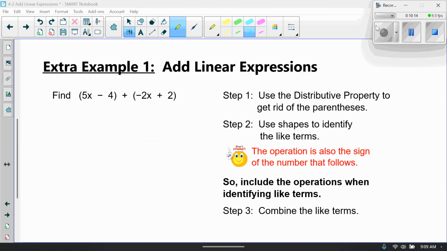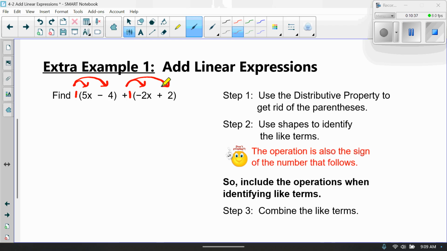Let's go ahead and do the extra example 1, okay? So on this one, again, we are distributing positive 1 throughout the parentheses, okay? So we're going to have 1 times 5x and 1 times a negative 4. We've got a positive 1 times 2x and a positive 1 times 2.